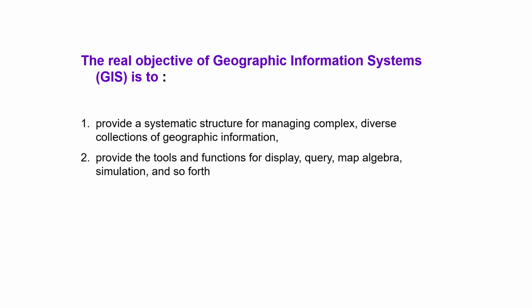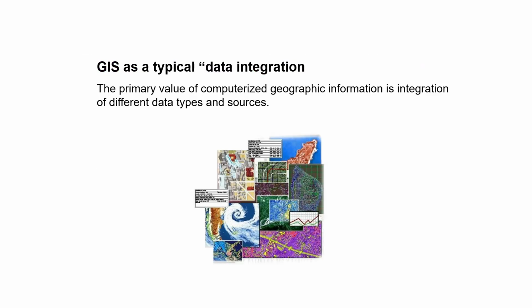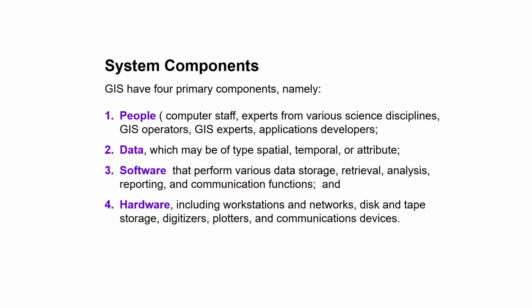So the main objectives of GIS are to provide a systematic structure for managing complex, diverse collections of geographic information, and to provide the tools and functions for display, query, map algebra, simulation, and so forth. GIS is a typical data integrator. The primary value of computerized geographic information is the integration of different data types and sources in one environment.